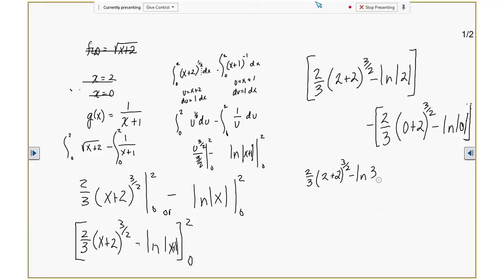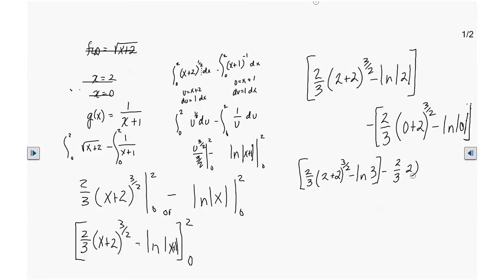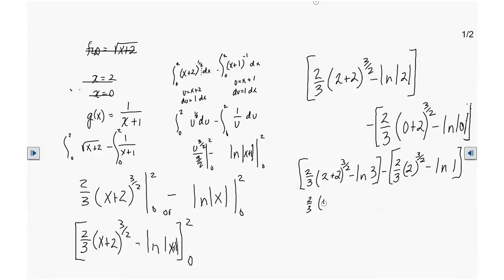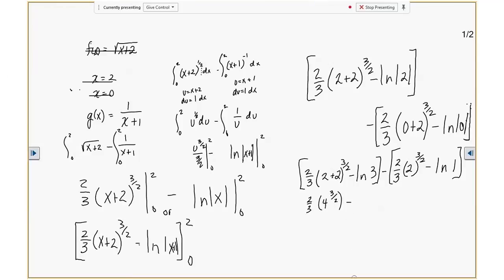Natural log of 3, brackets, minus 2/3 times 2, or 2/3 times 2 to the 3/2 minus the natural log of 1. Y'all check me now. And that's going to be 2/3 times 4 to the 3/2 minus, somebody give me natural log of 3 in your calculator. Just give me it to the 10th.